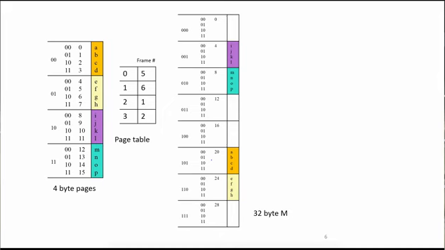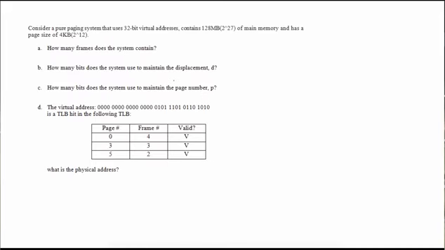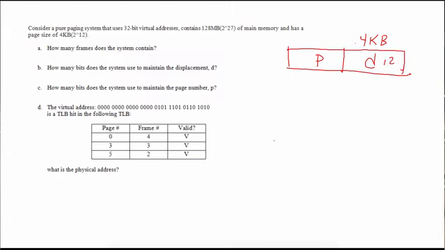All right, the next exercise I want to show you is this little exercise, which I've already done, but I'm going to do it again. Let's say that you have a 32-bit virtual address. That means that it's broken up into page number and offset within the page. If the size of the pages is 4 kilobytes, that means that you need 12 bits for 4 kilobytes.